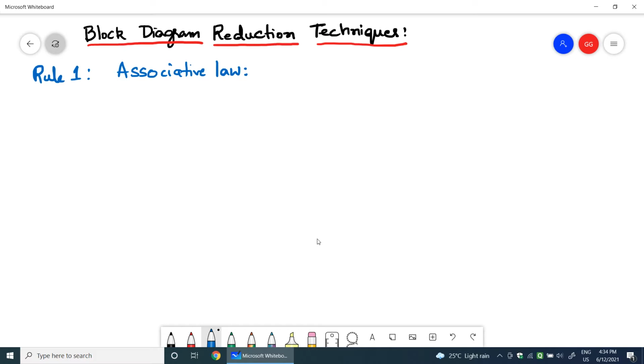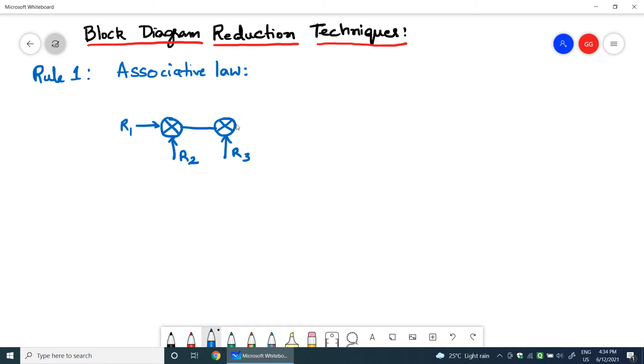Now what is that associative law? Think we have two different summing points in any block diagram, with different inputs. Think of this summing point as R1, this summing point as R2, and then we have a summing point R3 here.